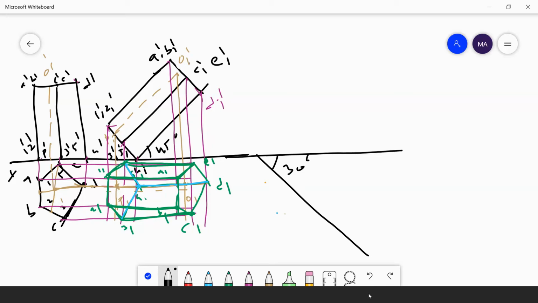Then I am taking a point somewhat downward to draw the projections. Here it is already P1, so I am considering this as P2. This is the axis.